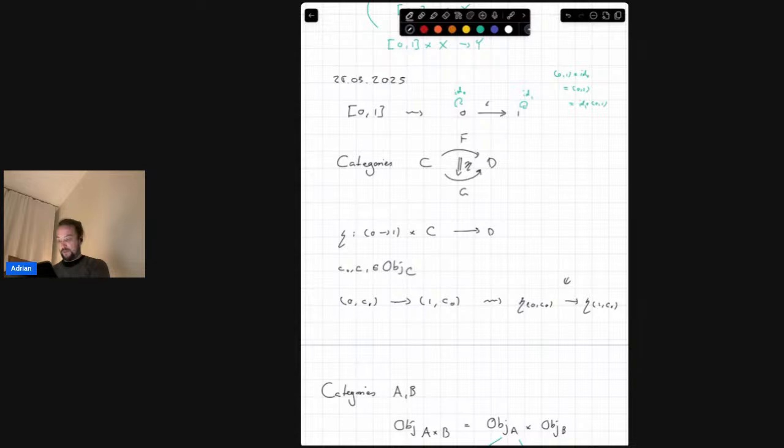So this here is a morphism in D. But we want this to be some way of going from F to G. So we'll just assume that this is our map from F C0 to G C0.